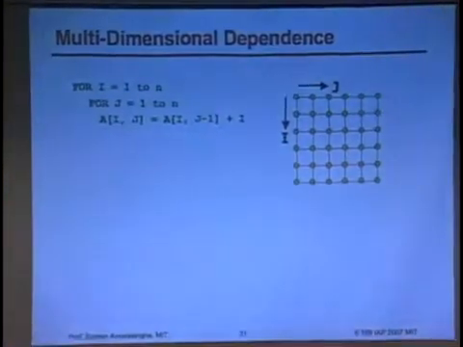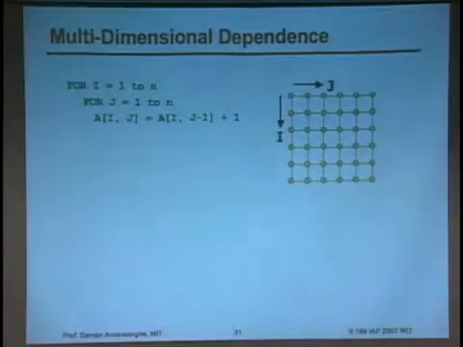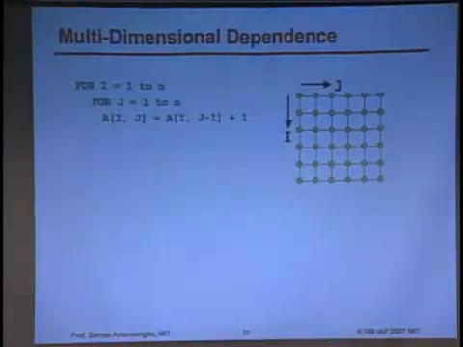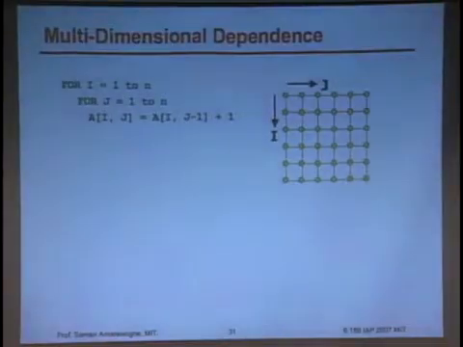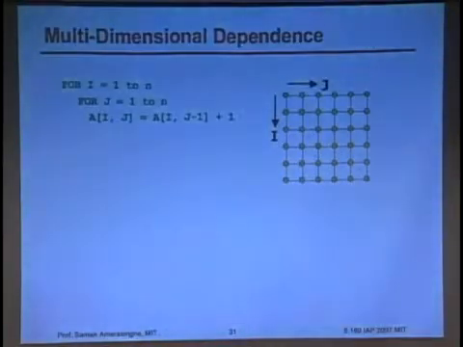So how about multi-dimensional dependences? I have a two-dimensional iteration space here, and I have A[i,j] = A[i,j-1], and that's my iteration space. What does my dependence look like? Where do the arrows go? I'll just do four corners.